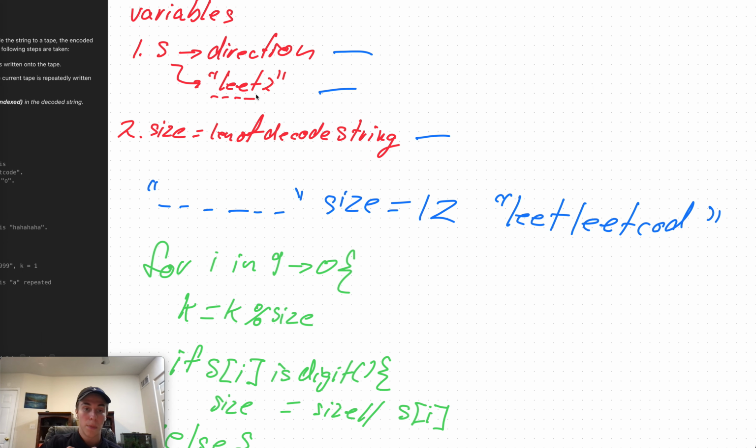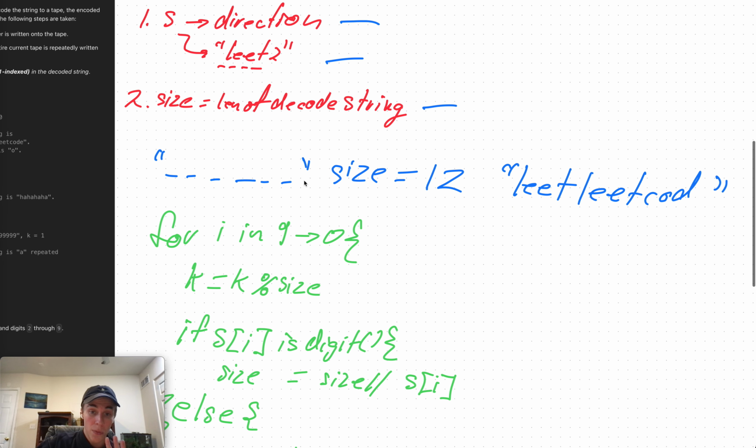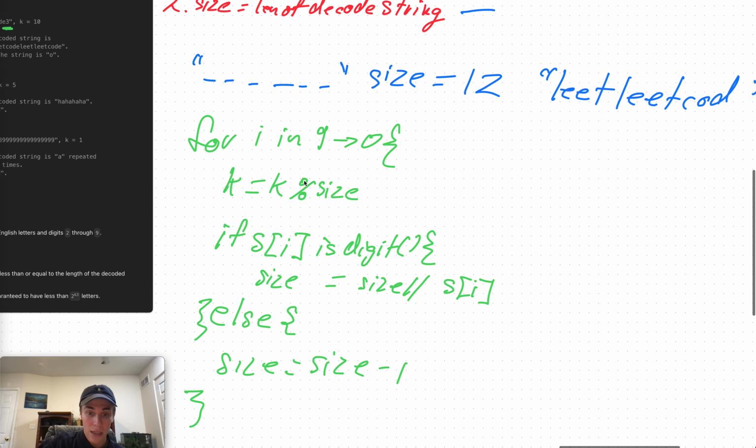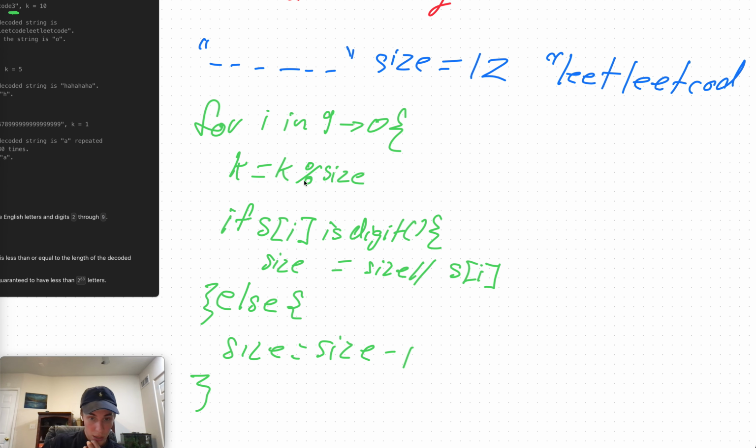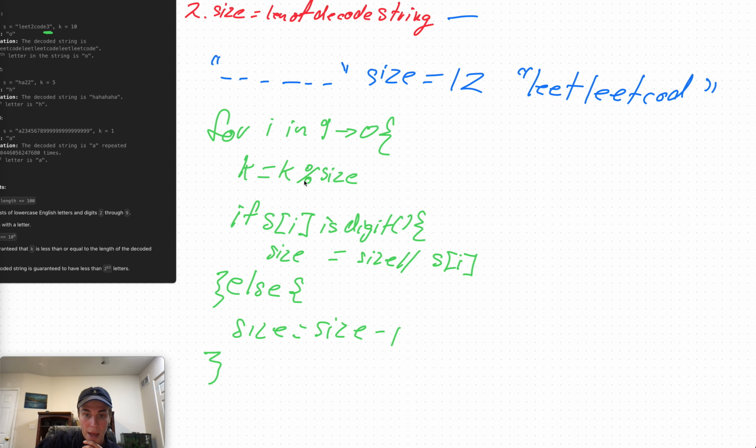This is what I meant by the input string being used for telling us what to do with this size, how to divide it, or how to subtract from it. It's also going to be used for the last bit, which I'm going to get into right now.